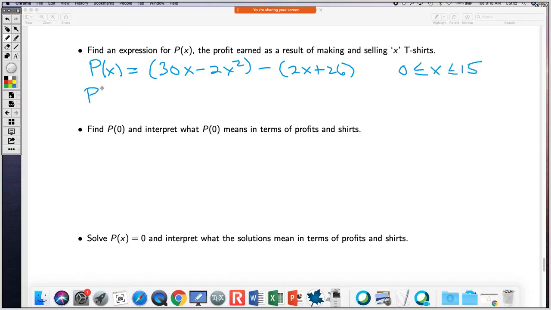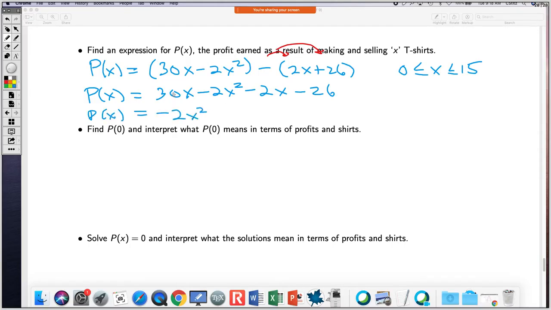We can distribute that negative through. We have a 30x minus 2x squared minus 2x minus 26, so don't forget to distribute the negative in there. Let's write that first, the negative 2x squared. I've got 30x minus 2x, that's 28x minus 26.